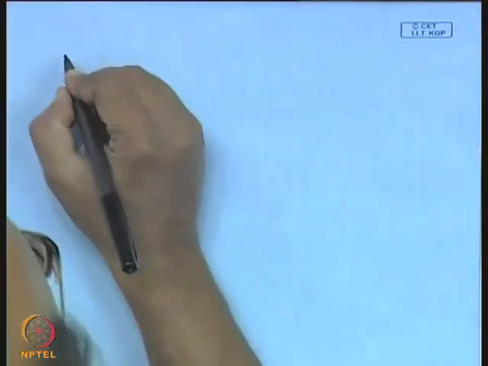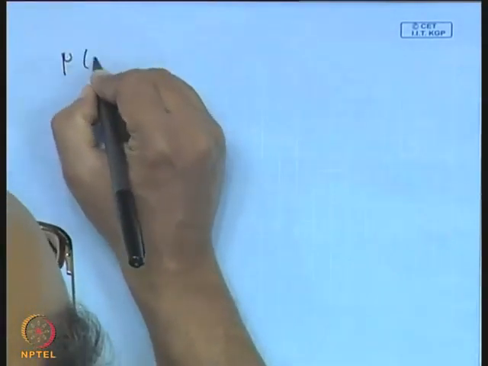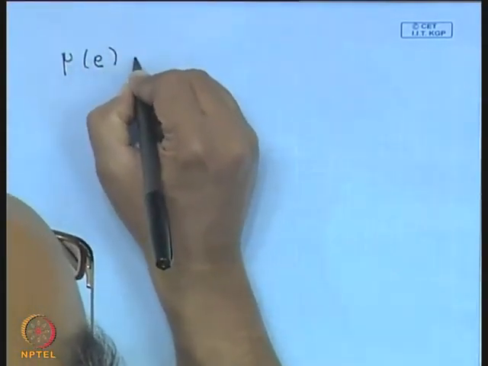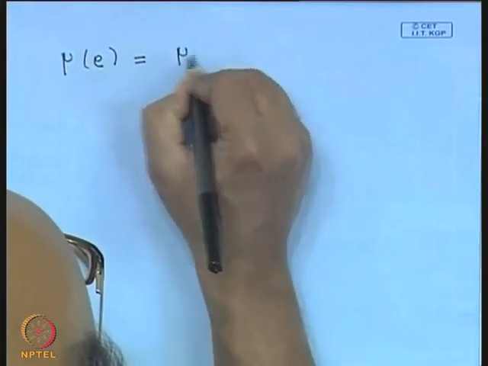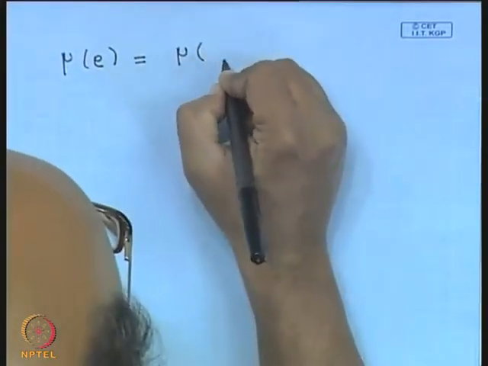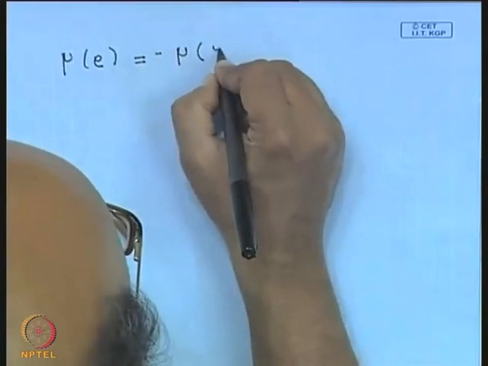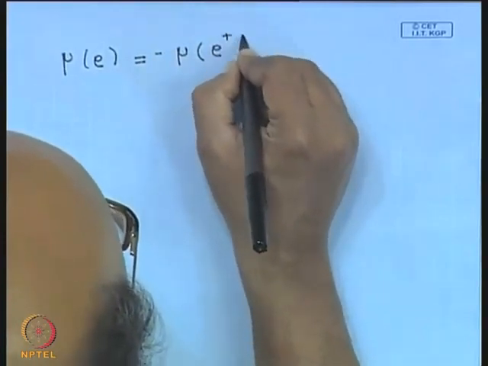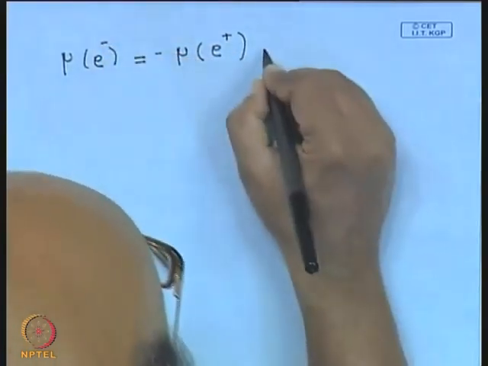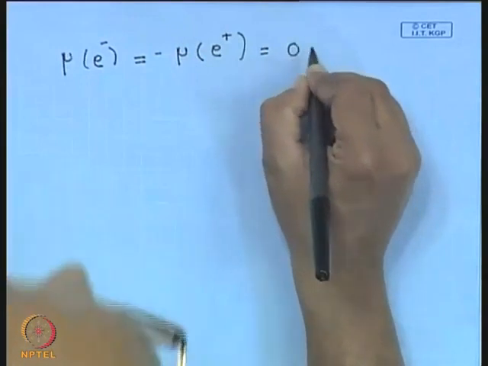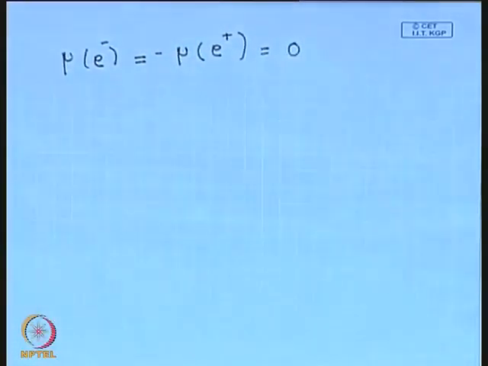We will also assume that the chemical potentials of the electron and the positron, e minus and e plus, are also 0. Okay.